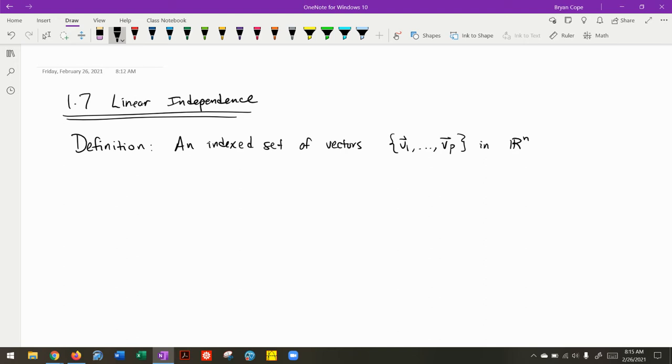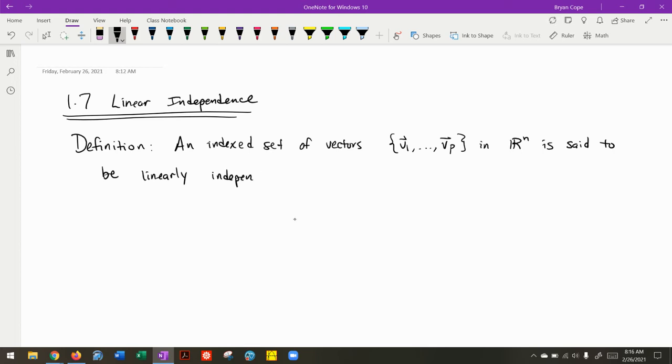There are p of them, which means that's the number of vectors, and then there are n components in each vector. So if we were to put those vectors in a matrix, it would be an n by p matrix.